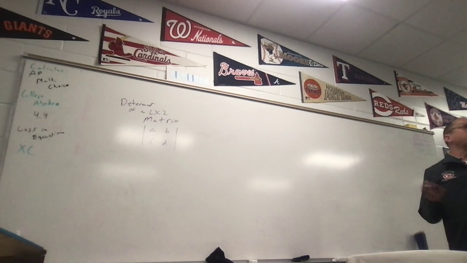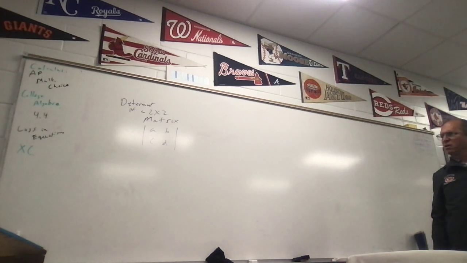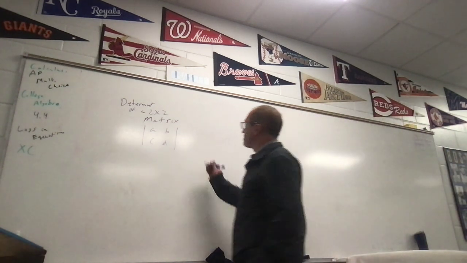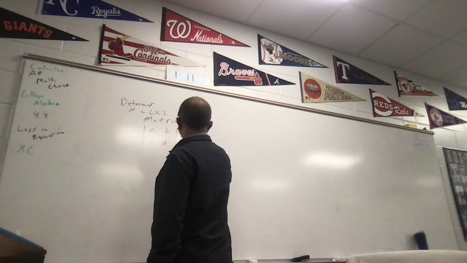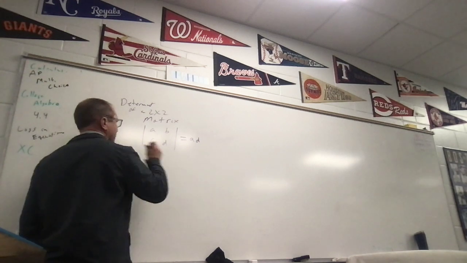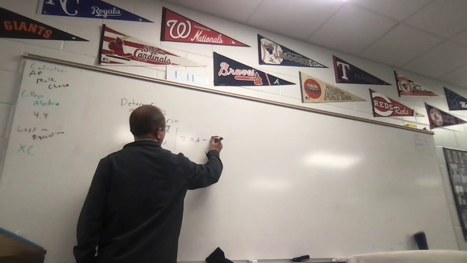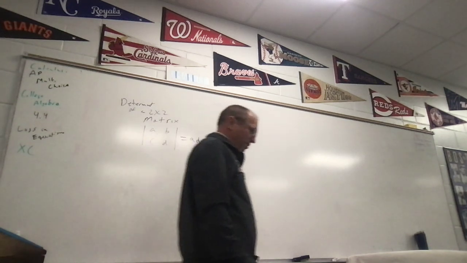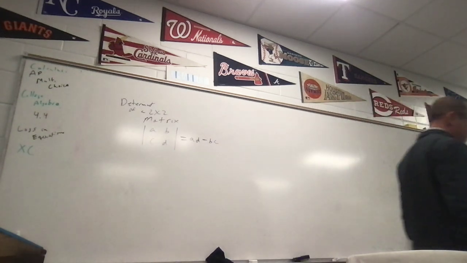The determinant of a 2 by 2 matrix is going to be written like that. So what you do is you cross multiply and subtract. So it's A times D, upper left times lower right, minus upper right times lower left. And that's how you find the determinant of a matrix.